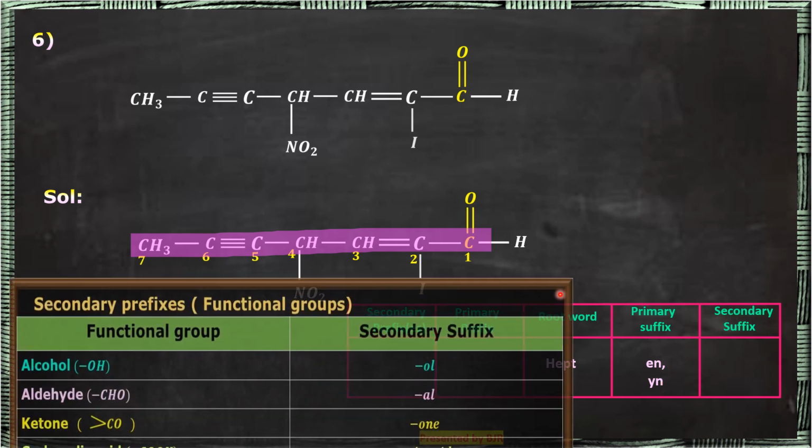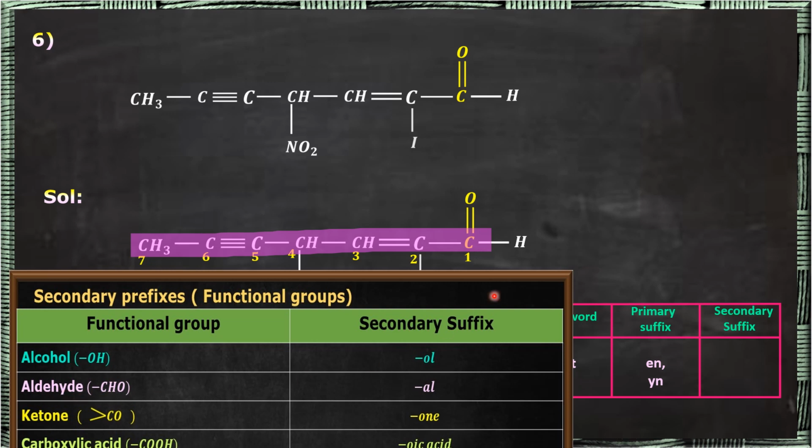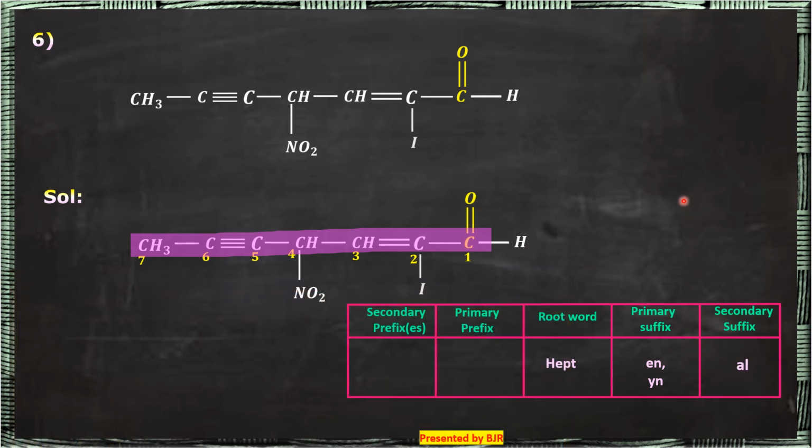Secondary suffix, the aldehyde functional group is there, so it is al. The secondary prefixes are NO2, nitro, and iodo.